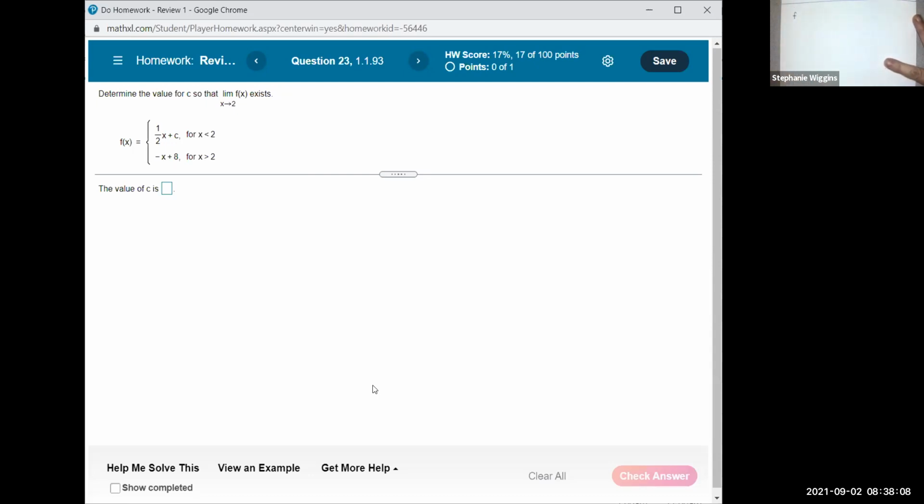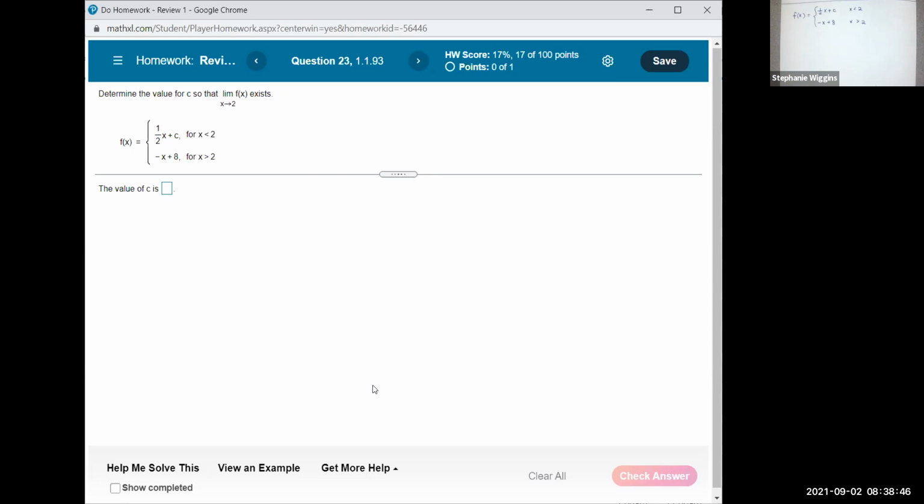I think in one you're looking for C and in another you're looking for K. So here we have f of x is equal to 1/2 x plus C when x is less than 2 and minus x plus 8 when x is greater than 2. And the question says, determine the value for C so that the limit exists.